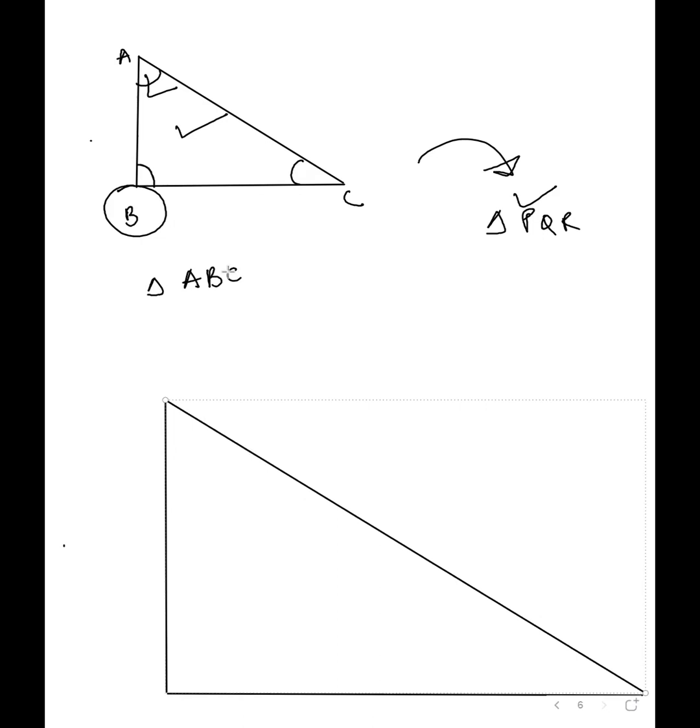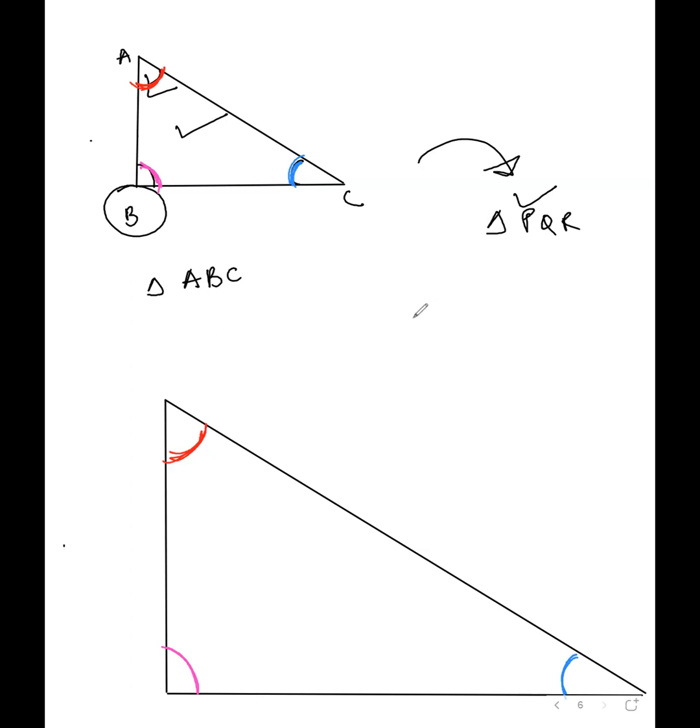Now here, this angle is equal to this angle. This angle is equal to this angle. This angle is equal to this angle. Are these two triangles congruent? No. So simply on the basis of their angles, we can't say that the two triangles will be congruent.